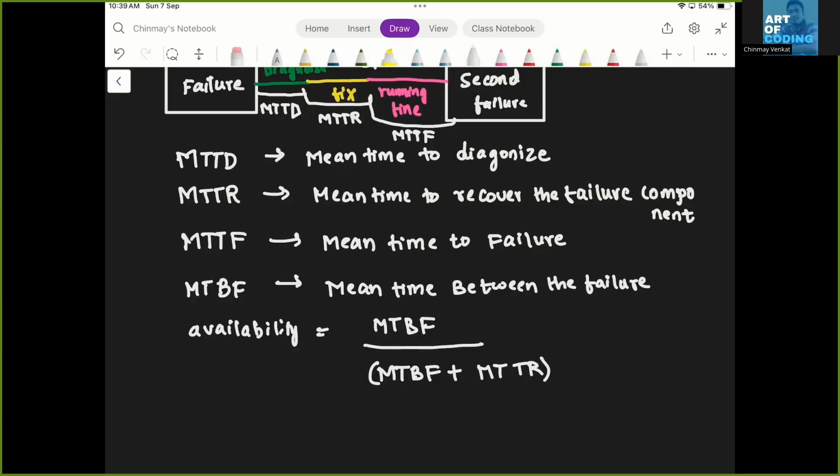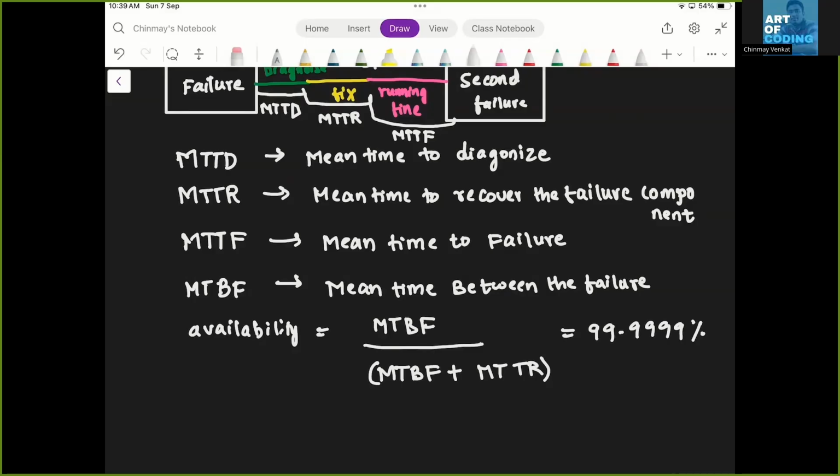The availability is calculated using these timings, using this formula. If the availability of this particular application is 99.99 percent, then the system is nothing but a high availability system. Now we can clearly understand what is meant by availability and how it is measured for one particular application.